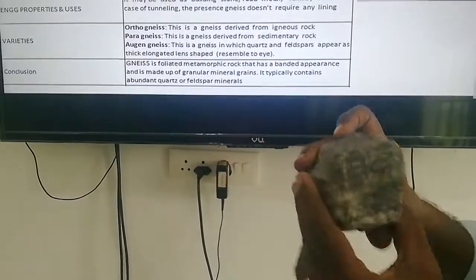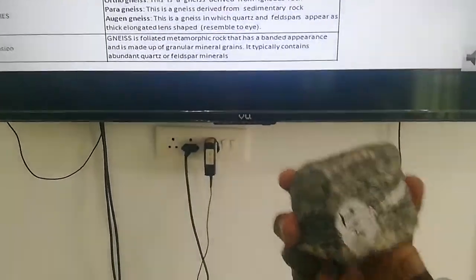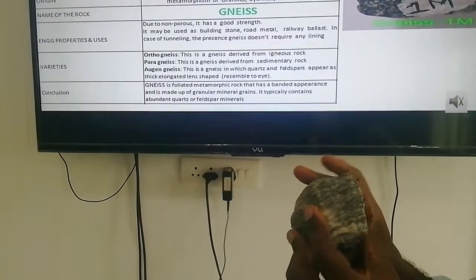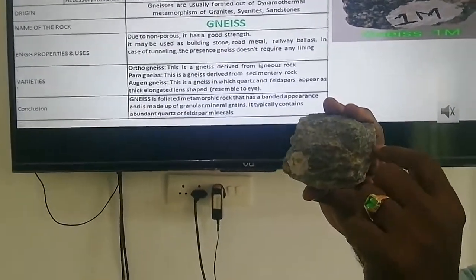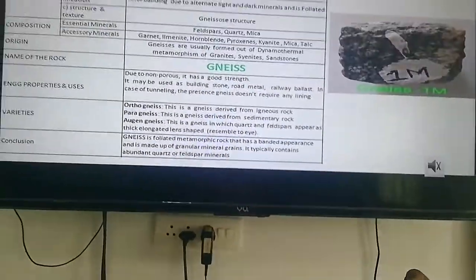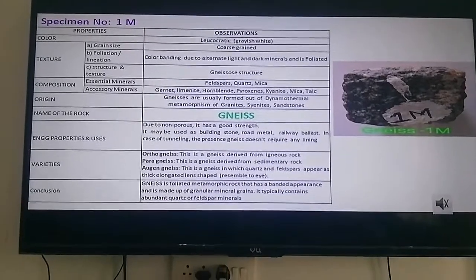The rock is exhibiting gneiss structure. The color is leucocratic, that is greyish white. Grains are coarse grained, we can see big grains. And foliation: color banding due to alternate light and dark minerals, and it is foliated.